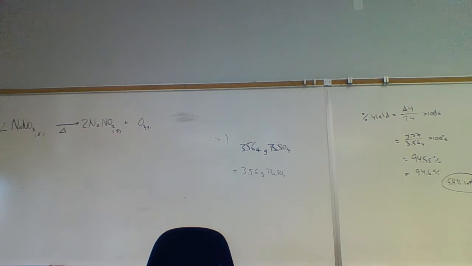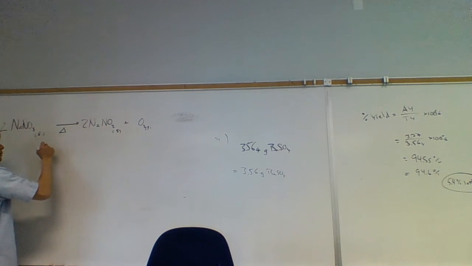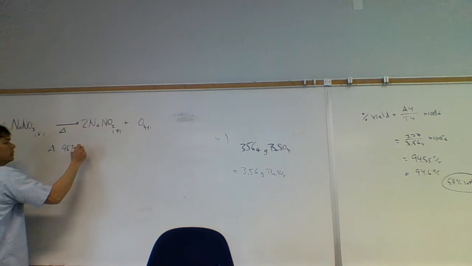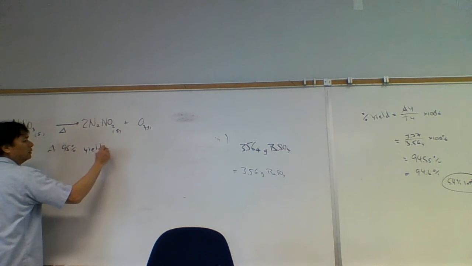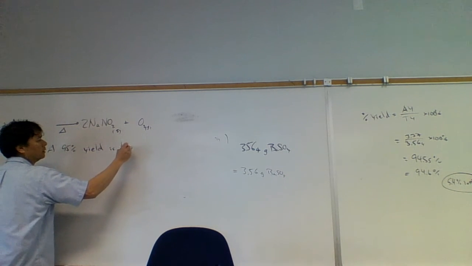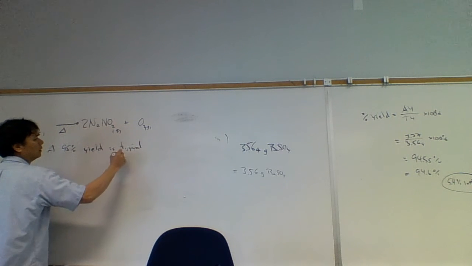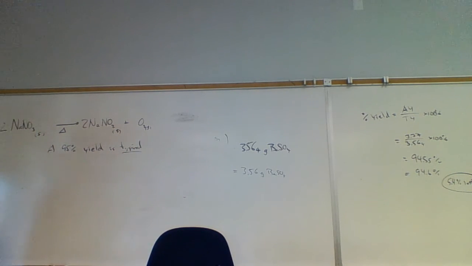And so this reaction typically has a 95% yield. A 95% yield is typical. Since most people are getting 95%, let's go ahead and factor that in to the stoichiometry.